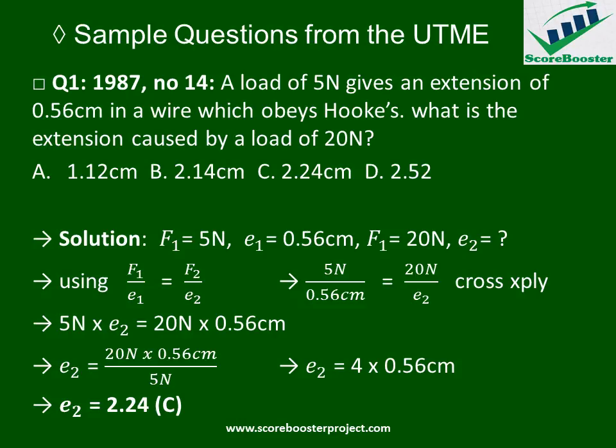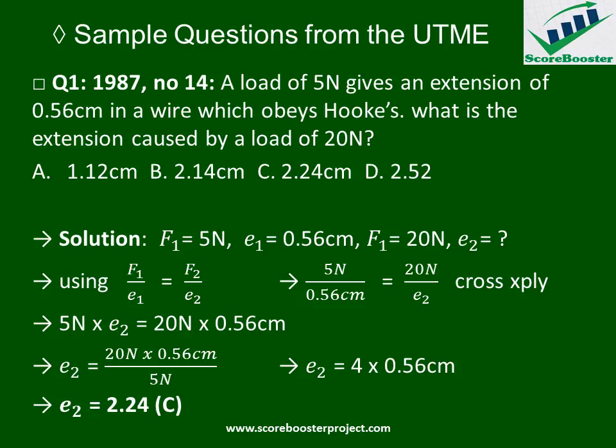What is the extension caused by a load of 20 Newton? So you are given option A to be 1.12 centimeter, option B to be 2.14 centimeter, option C is 2.24 centimeter, and option D is 2.50 centimeter.